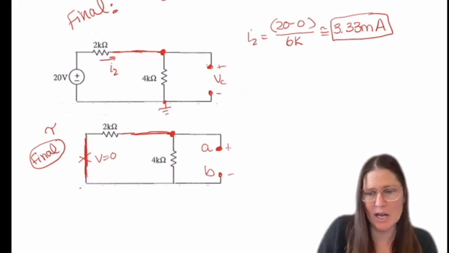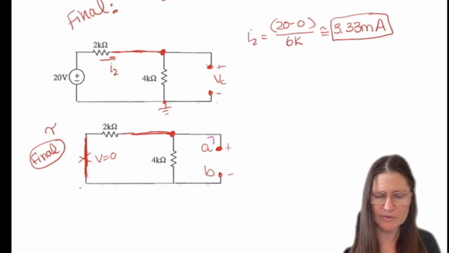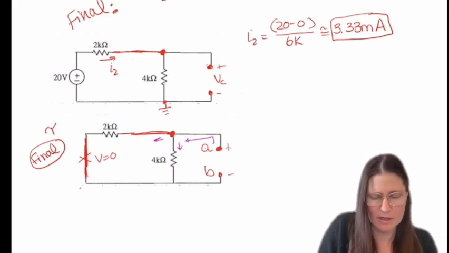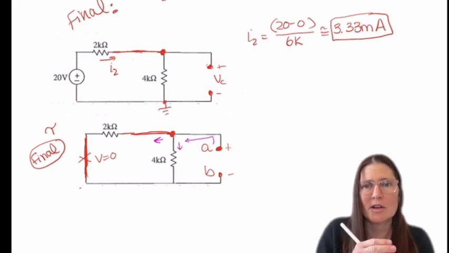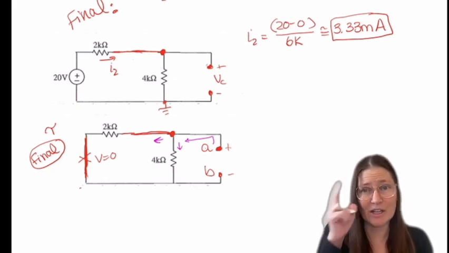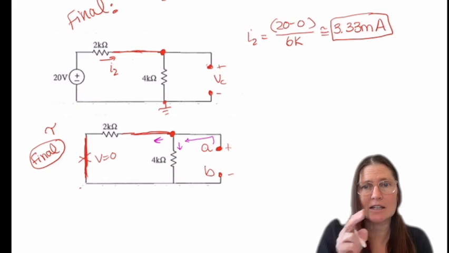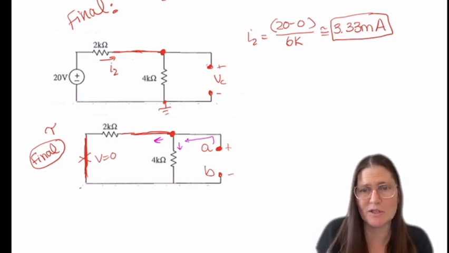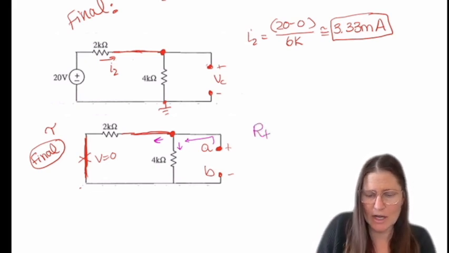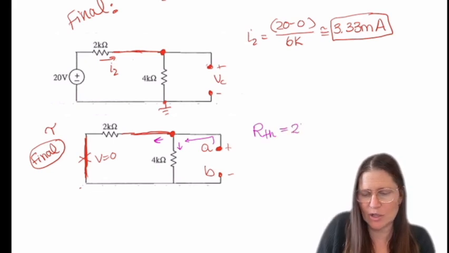And then our pathway comes up and then it splits, which means a parallel configuration. Whatever each branch resistance is, if I need to condense it down, I can, but those two pathways will be in parallel. So I determined that RTH is 2K in parallel with 4K.